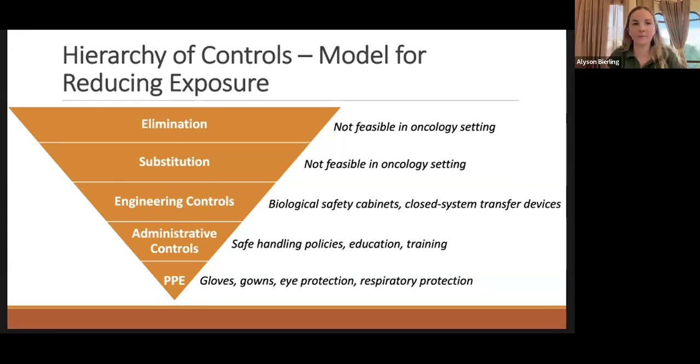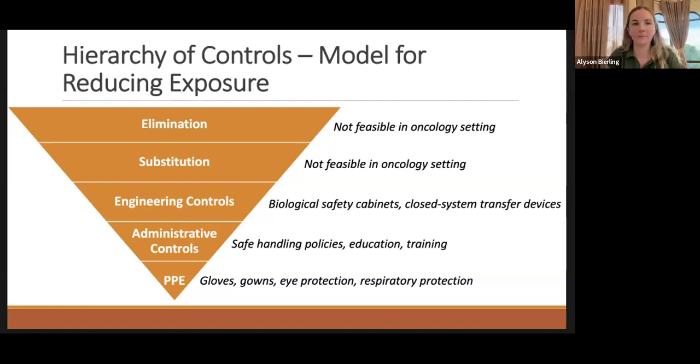So some examples of engineering controls are biological safety cabinets, which we talked a little bit about before, otherwise called mixing hoods. There are closed system transfer devices that can be attached to IV lines and syringes to create a closed system so that when the IV line is connected to the IV cannula, there's no risk of spill.